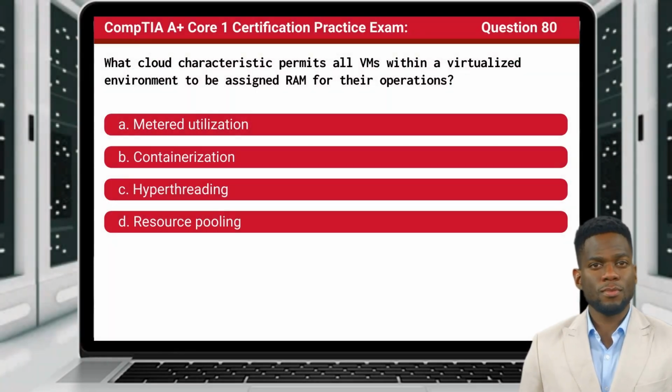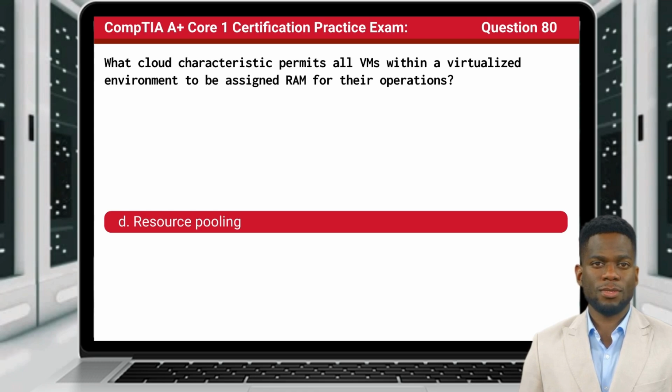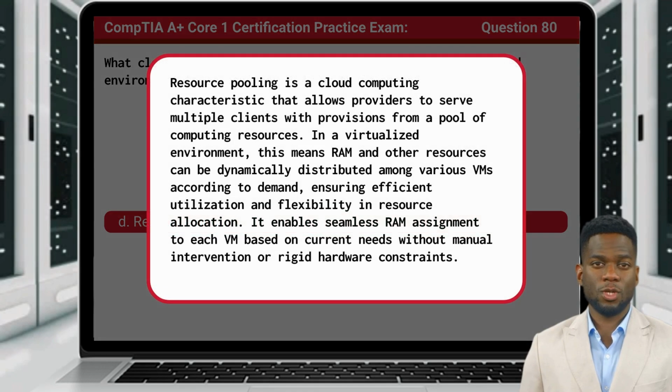Question 80. What cloud characteristic permits all VM within a virtualized environment to be assigned RAM for their operations? The answer is D. Resource pooling. Resource pooling is a cloud computing characteristic that allows providers to serve multiple clients with provisions from a pool of computing resources.